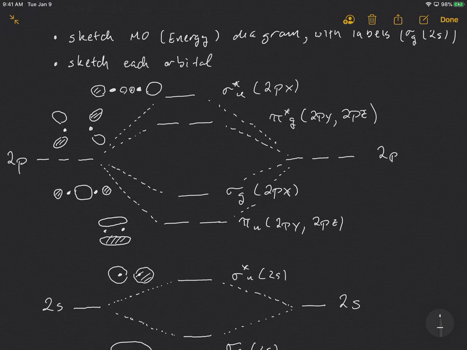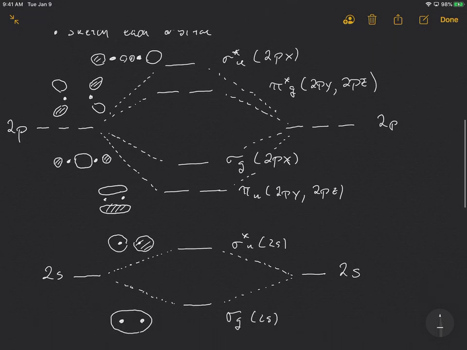There's this question of which of the bonding orbitals involving 2p is higher in energy. In this particular diagram, we're going to start with sigma g higher in energy than pi u. And sigma g, that's for the 2px orbital. We'll see that some atoms follow this rule, and for other atoms it's actually inverted, where the pi 2p orbital is higher in energy than the sigma 2p orbital.